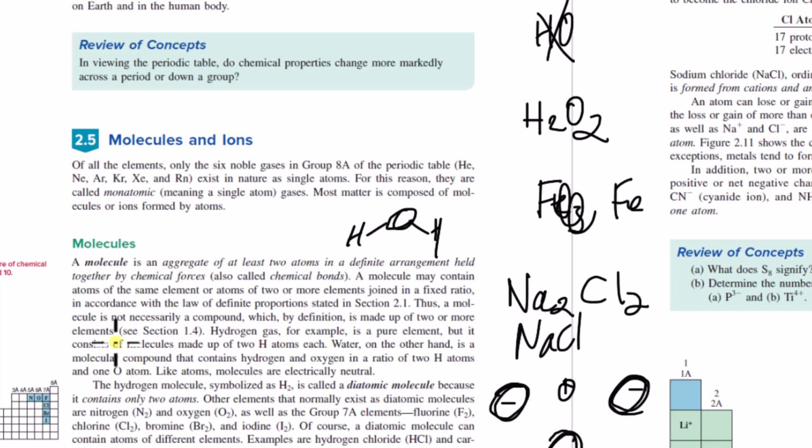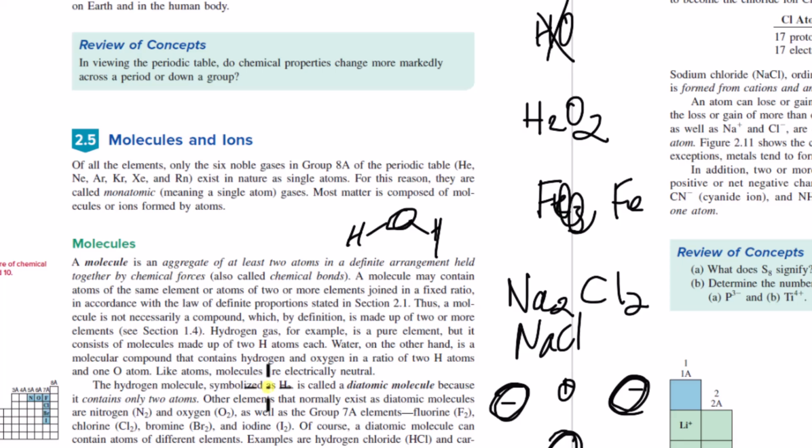So you can have molecules that are compounds or pure elements. Hydrogen gas, for example, is a pure element, but it consists of molecules made up of two H atoms each. Water, on the other hand, is a molecular compound that contains hydrogen and oxygen in a ratio of two hydrogen atoms and one oxygen atom.